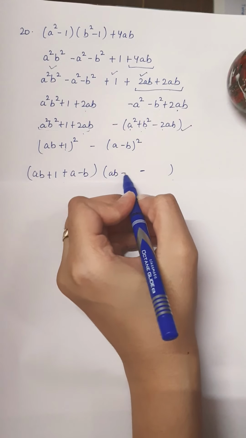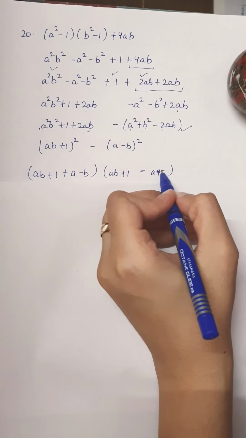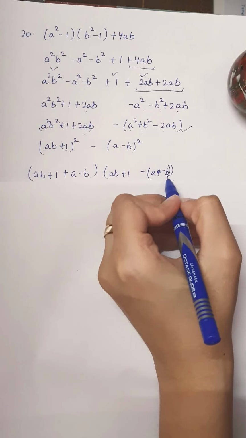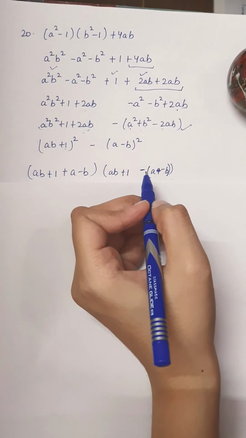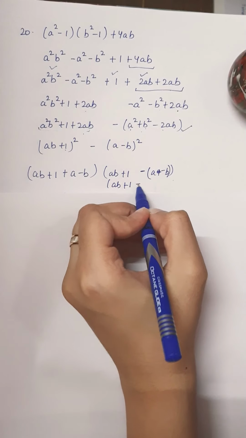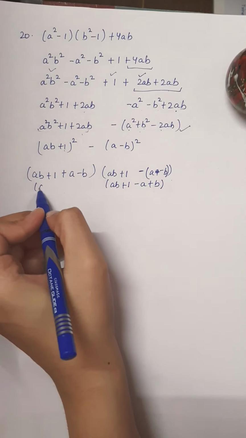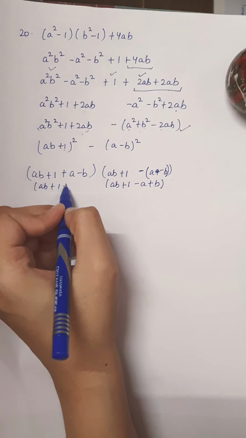Then (ab plus 1) and (a minus b) with the bracket because minus sign is here. So the last step, (ab plus 1 minus a plus b), and this bracket will be as it is. Always plus bracket will remain same.